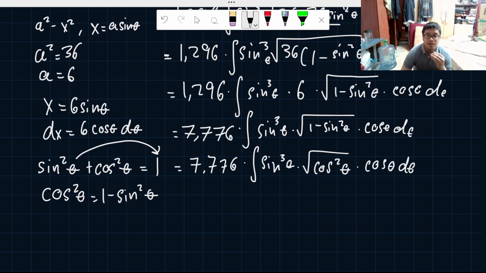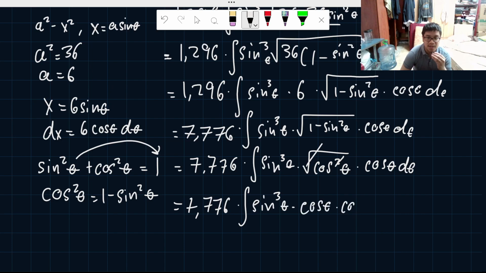Now, we have a square root of a squared function, right? If you have a square root of a squared function, we can simply cancel out the square roots. So what's left is sine cubed of theta times cosine theta times cosine theta.